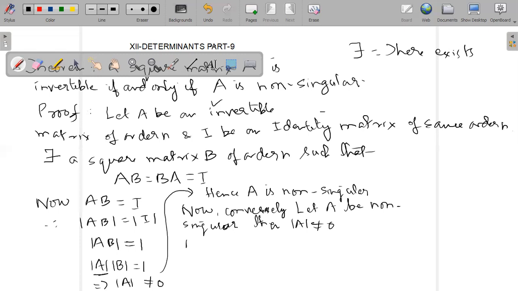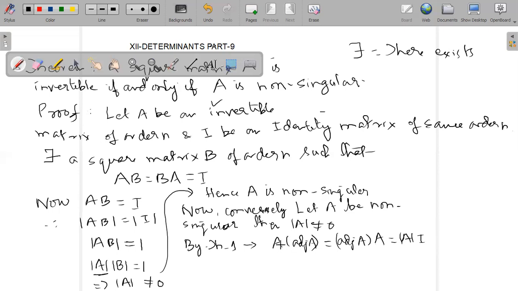And by theorem, we have A into adjoint A, or adjoint A into A, is equal to determinant A into I. This we have proved in the previous class.